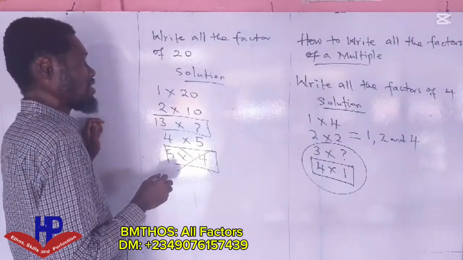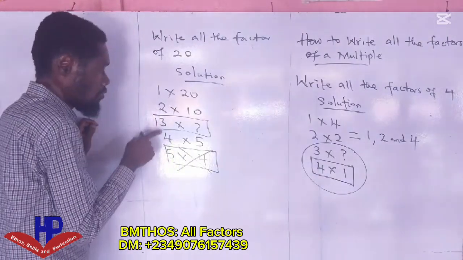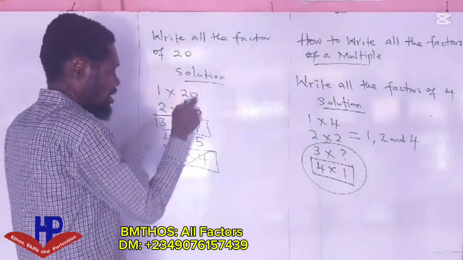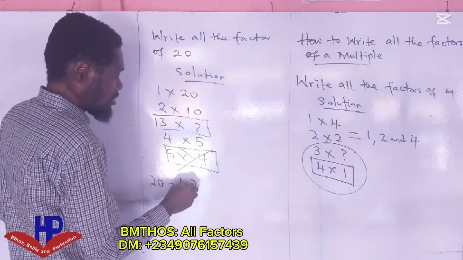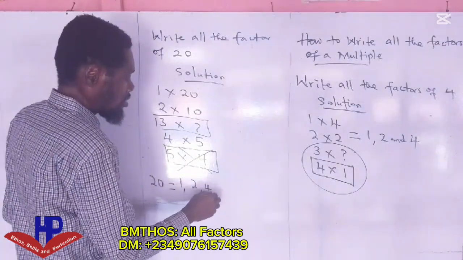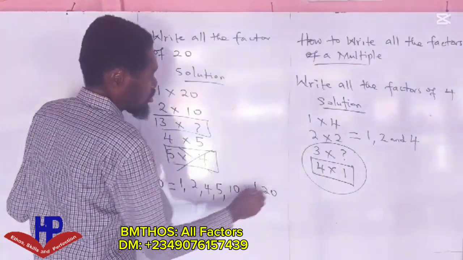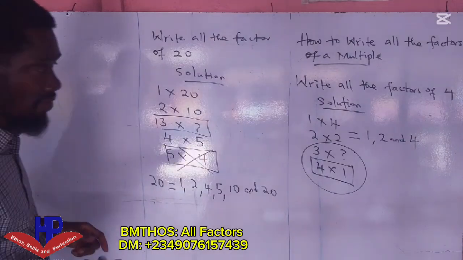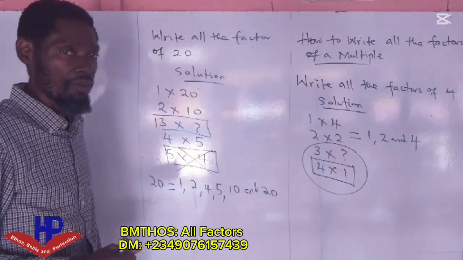So the numbers left here are 1, 2, 4, 5, 10, and 20. All the numbers that can divide 20 are 1, 2, 4, 5, 10, and 20. Remember, every number is a factor of itself.